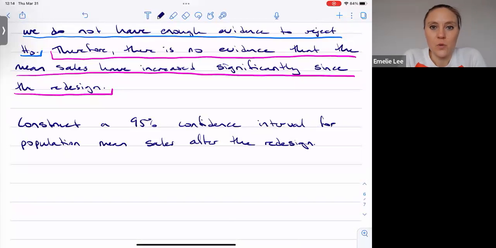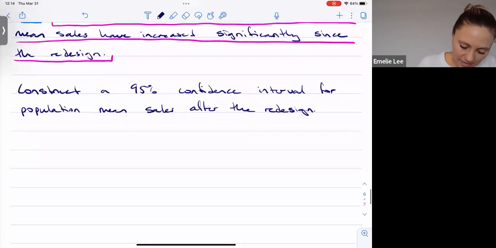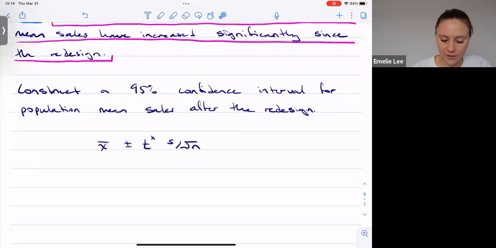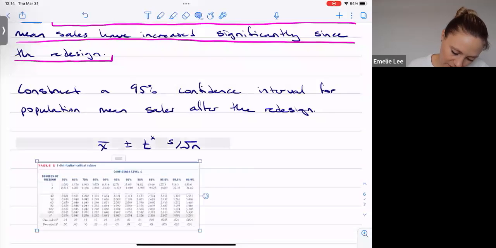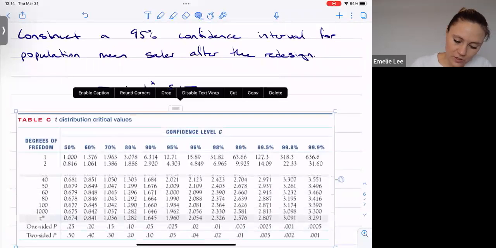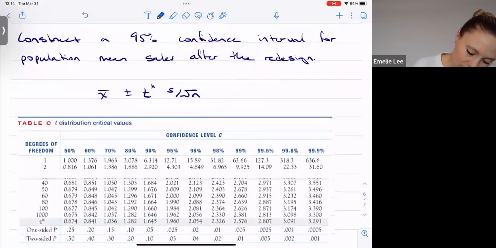All right. So we have our sample mean after the redesign, and now I can build an interval for the population mean sales after the redesign. So I have X bar plus or minus some T star times S over root N. Now I need my T star for a 95% confidence interval, using degrees of freedom.